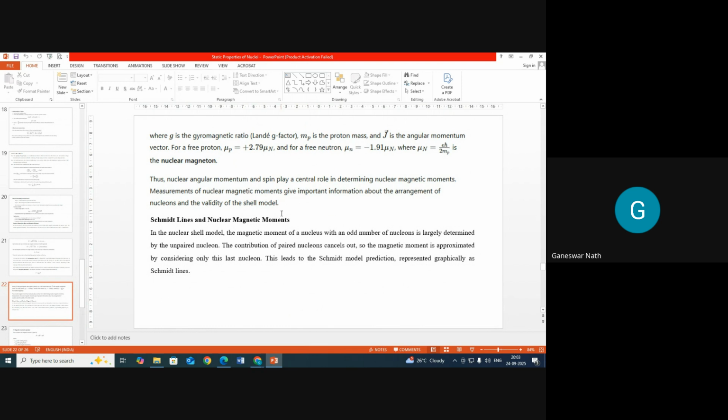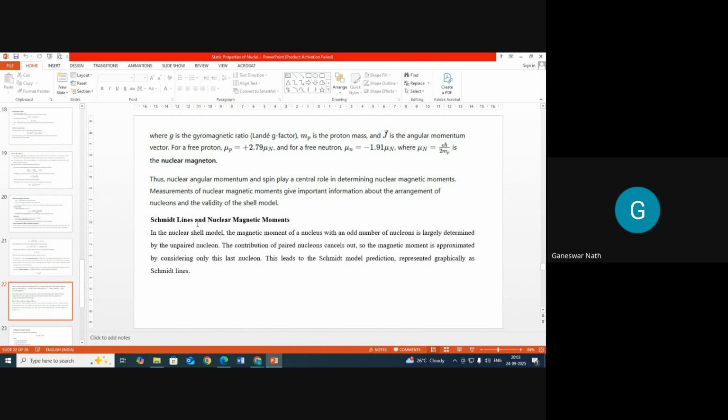The nuclear angular momentum and the spin play a central role in determining the nuclear magnetic moment, and measuring the nuclear magnetic moment gives important information about the arrangement of the nucleons, which may validate the shell model.